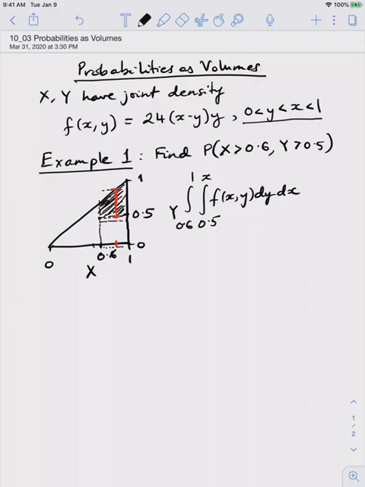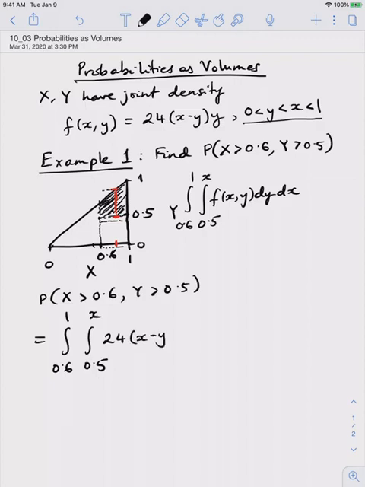So let me write that down. Your probability is the integral from 0.6 to 1, from 0.5 to x, of 24(x minus y) times y, dy dx.